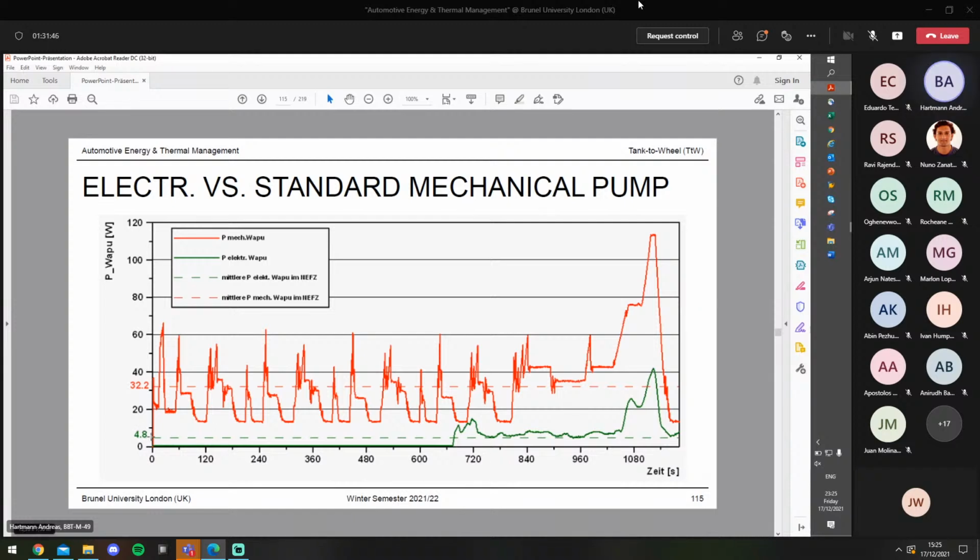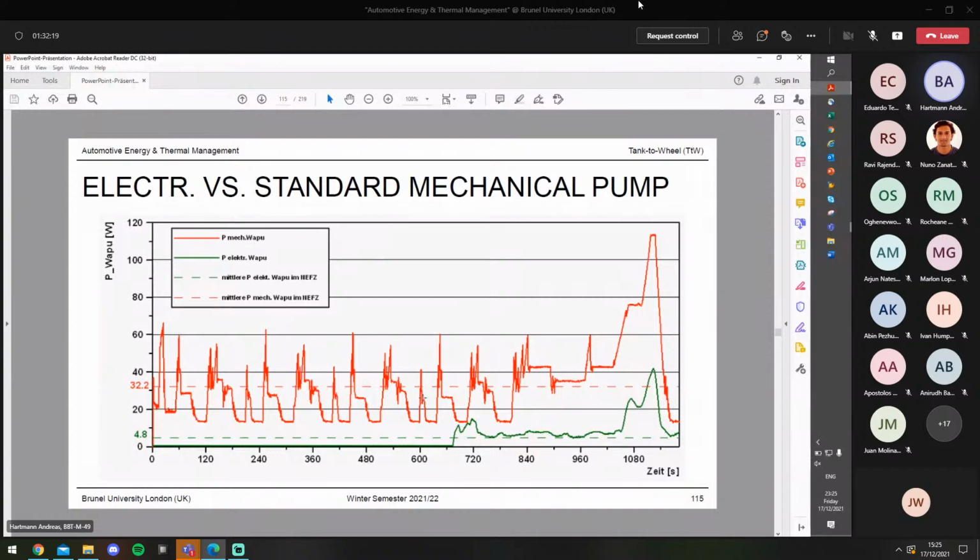And in the beginning of the load cycle, when there is even no cooling required, you can completely switch off. And only if you need a coolant flow to cool down the engine, you switch it on again. And in comparison to that, as I said, the mechanical coolant pump always runs with a direct link to the engine speed.